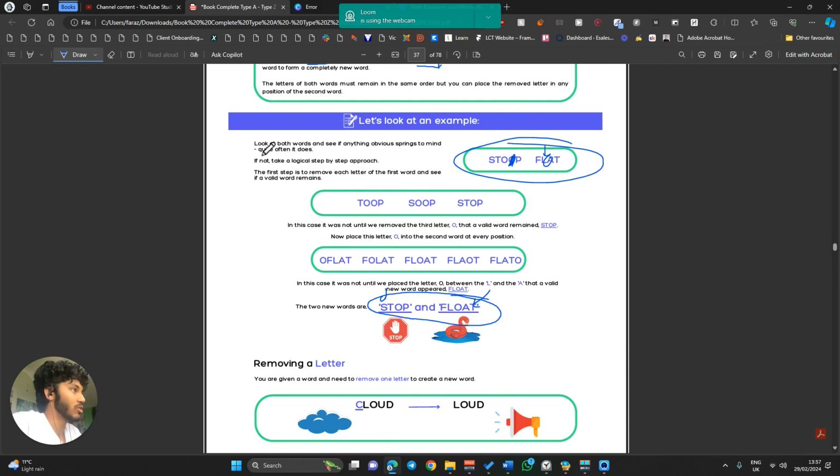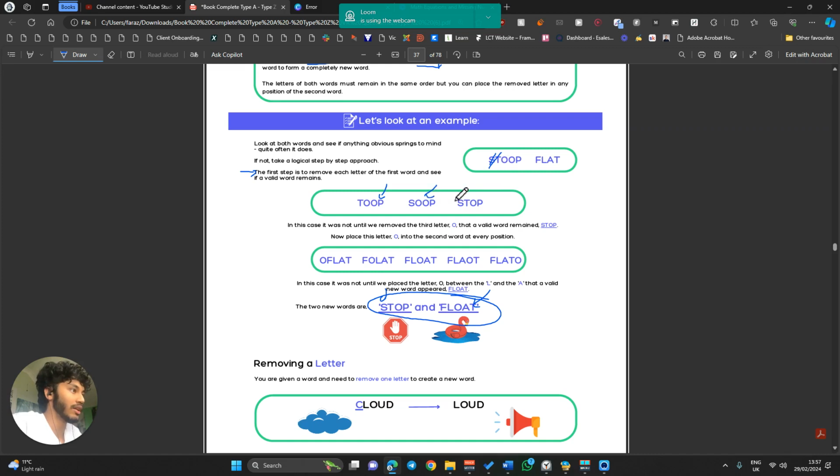So if we look at the example, I think what it first says to do is look to see if anything obvious springs to mind first. We've already done this, so it's probably not going to be any use, but it also says try it step by step if you can't think of anything. So what it's done here is it's taken out S and seen what it gives you. Toop doesn't make sense.